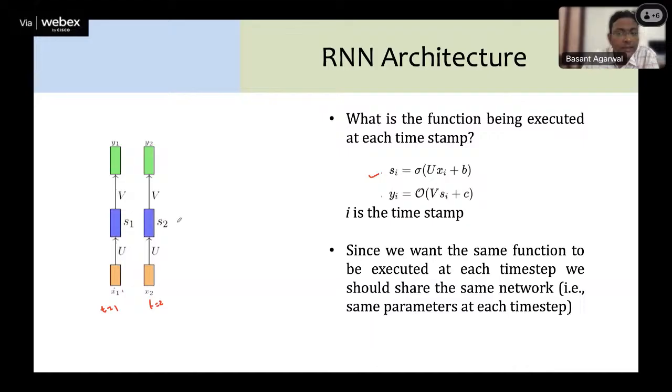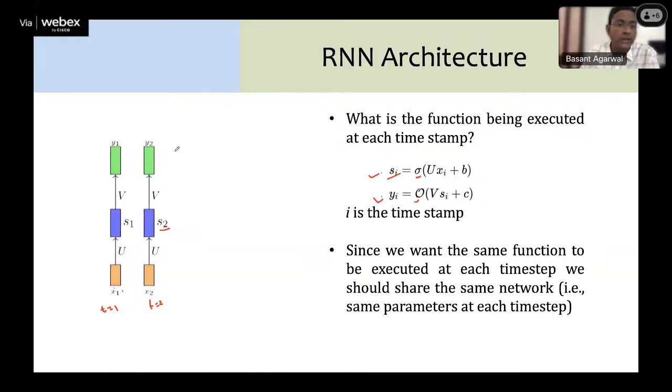We have also seen at the start of the lecture that the hidden layer is represented as S_i, which is the sigmoid function, if we are using a sigmoid activation function in the hidden layer, applied to U times the input, where U is the weight matrix of all the connections between the input layer and the hidden layer. And Y_i is the output, which is your output function; for this example, we have multiple classes, so we have softmax as the output.